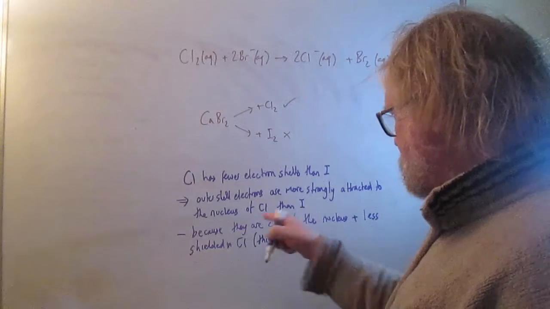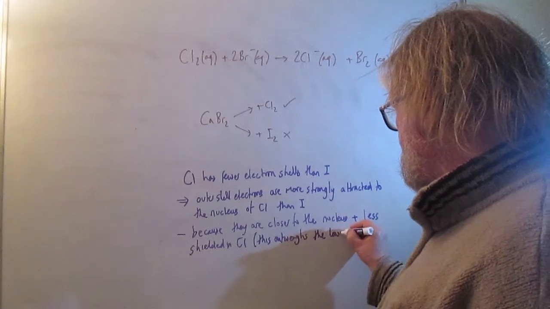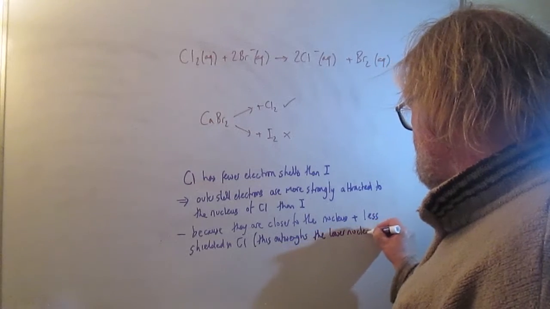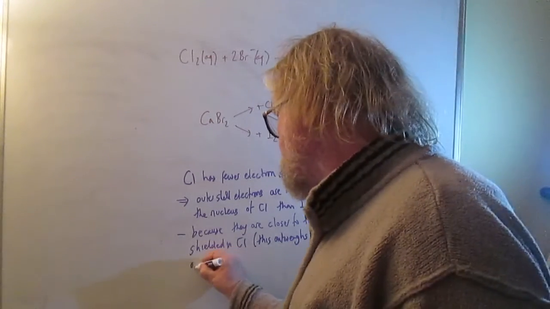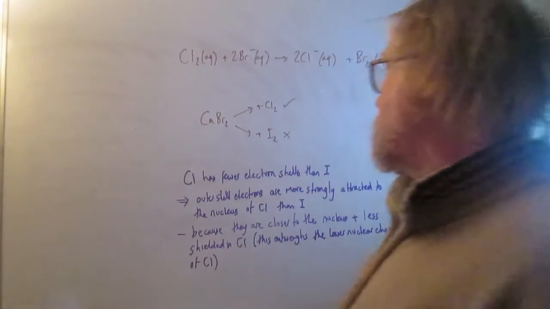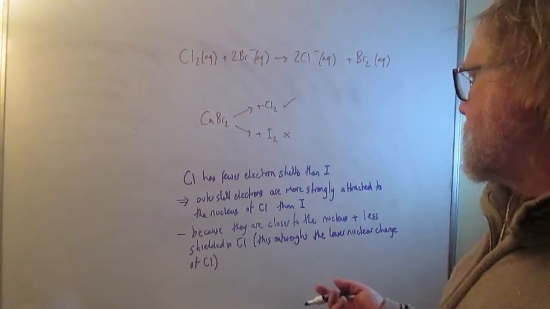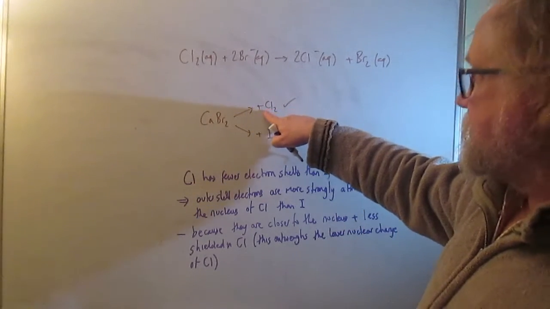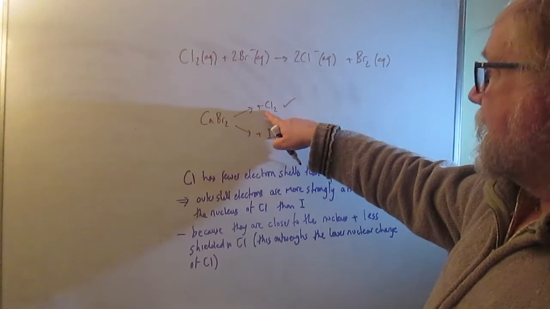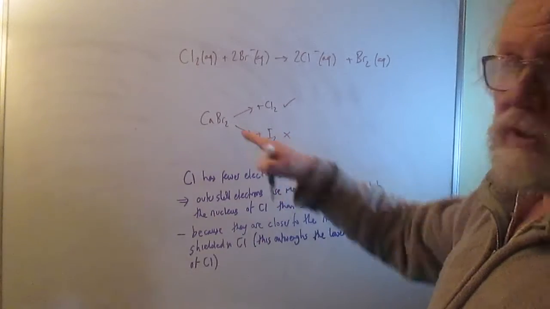So, but it's outweighed by these other things. So this outweighs the lower nuclear charge of chlorine. So that's fundamentally the reason that chlorine is better at attracting an electron into its outer shell than bromine is, but iodine is worse.